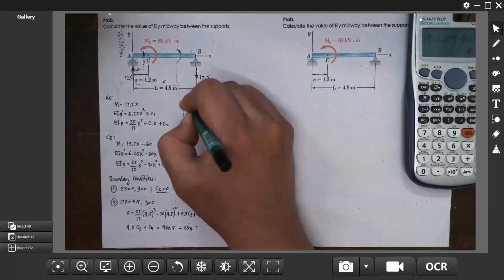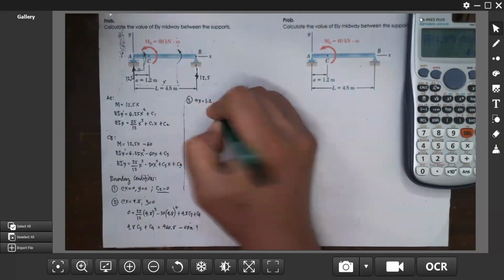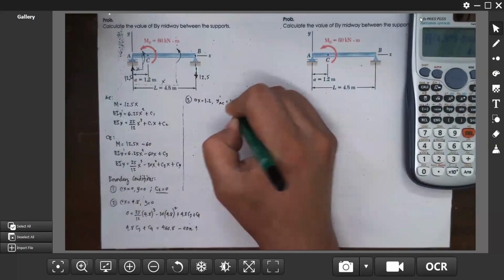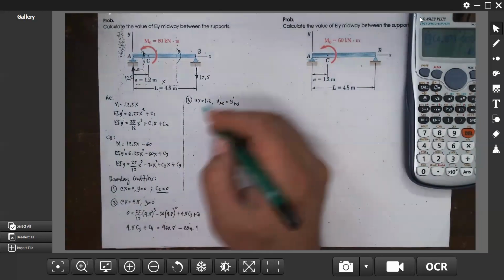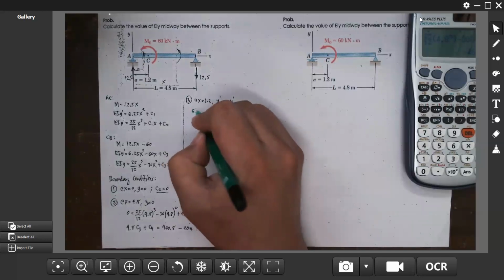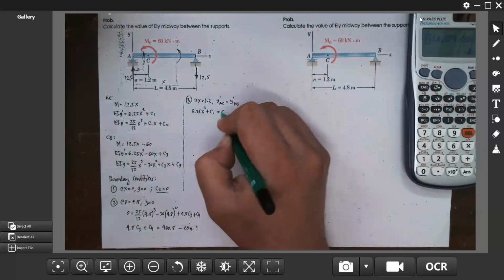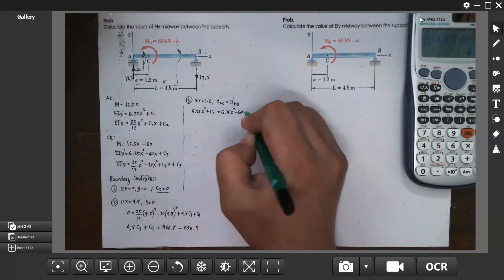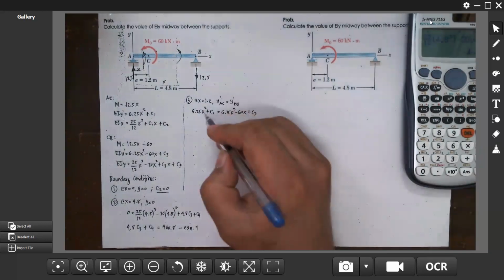Sige. 3. Junction, at x equals 1.2, slope EC equals slope CB. Okay. So 6.25 x squared plus C1 equals 6.25 x squared minus 60x plus C3. Makancel na eh.